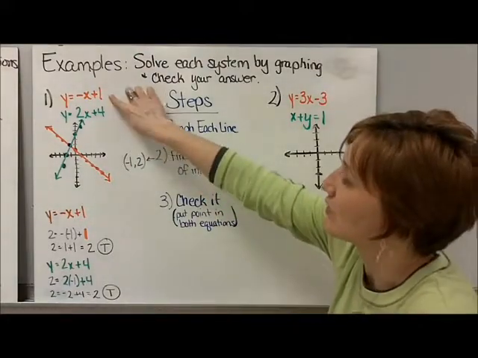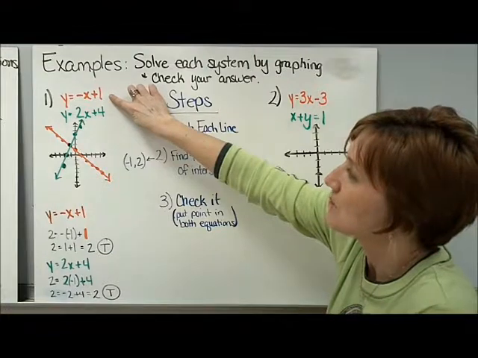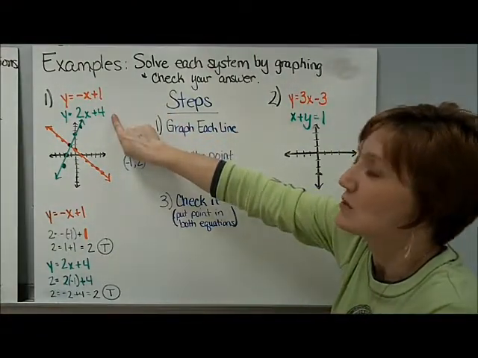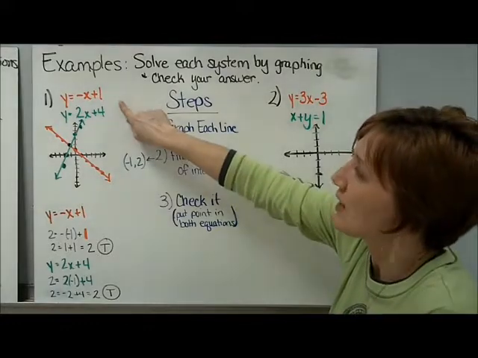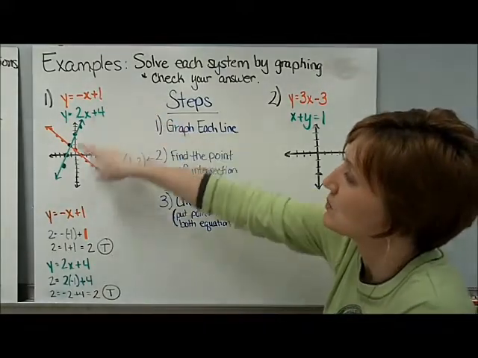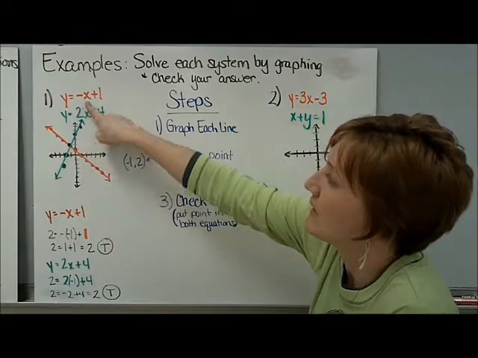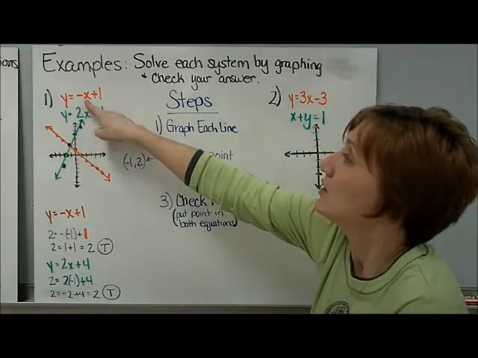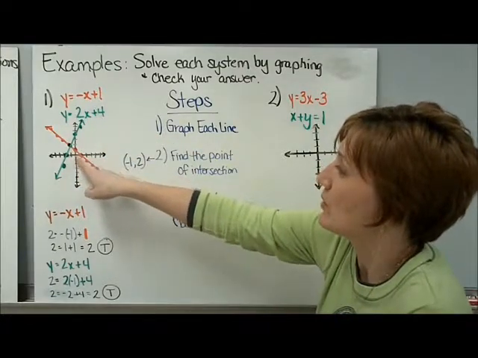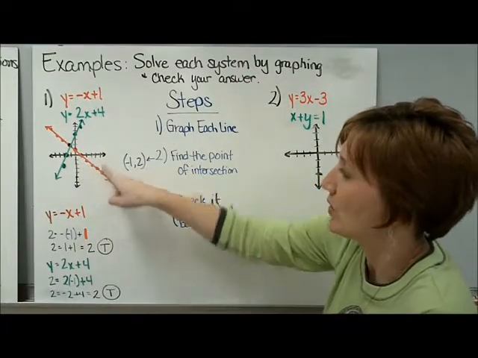What we have here is y equals minus x plus 1, and y equals 2x plus 4. We've graphed these. The y-intercept is plus 1 here, and my slope is negative 1 over 1, so it's down 1 over 1, down 1 over 1, down 1 over 1.